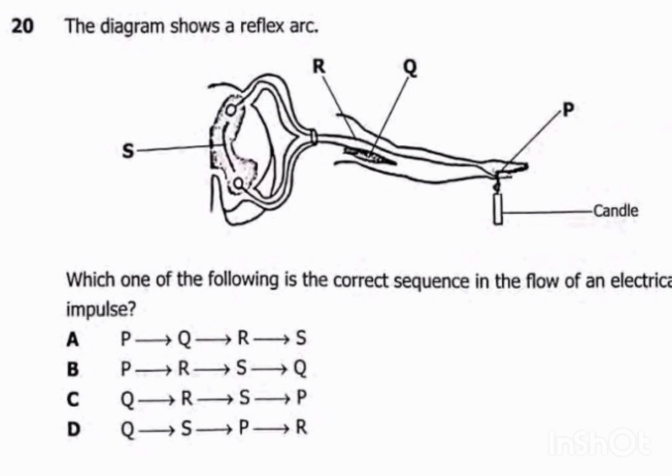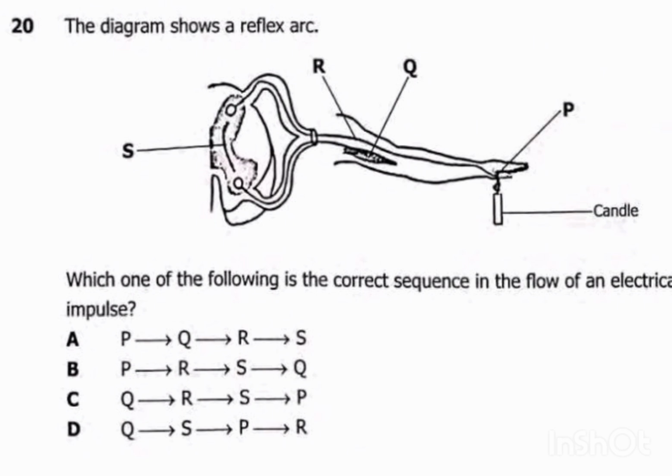So we're saying the first point of an electrical impulse is what? We are going to have P, which is the receptor. The receptor is going to detect the stimulus. Then the stimulus is going to be converted into an electrical impulse, which is going to be taken to the sensory neuron, which is R. So P, then R, which is the sensory.